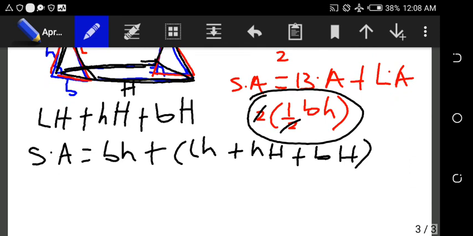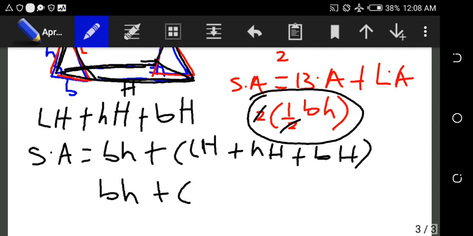Okay, this can further be simplified to be bh plus, now when we look at this, we'll see that this should have been a capital H. Let me see if I can clean that up. Alright, this should be capital H, that's LH. Now when we look at them, you see that they all have H in common.